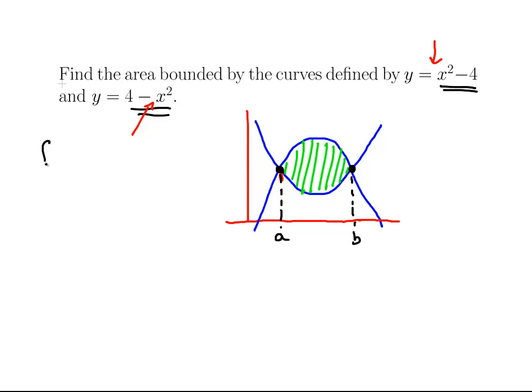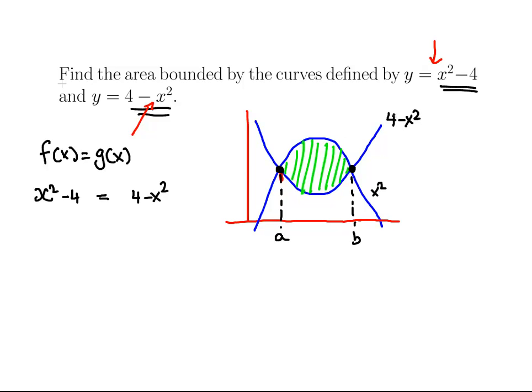So how do we do that? We let f of x equal g of x. So x squared minus 4 equals 4 minus x squared. Sorry, just before I continue, this here is 4 minus x squared. And this curve down here is x squared.